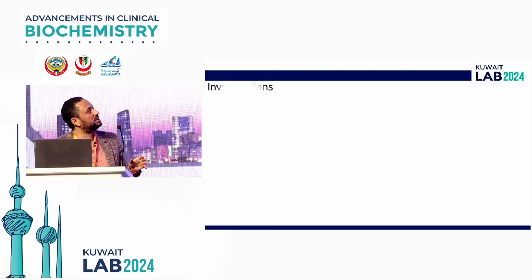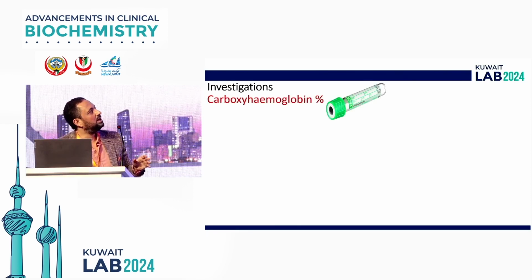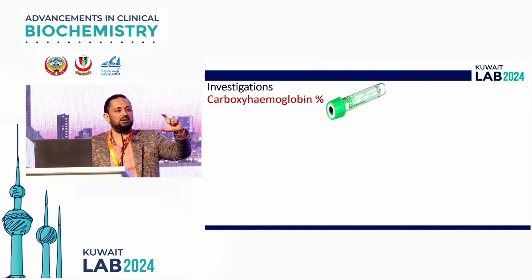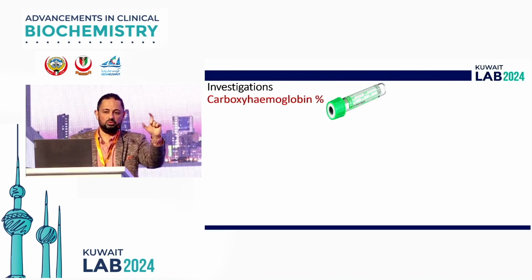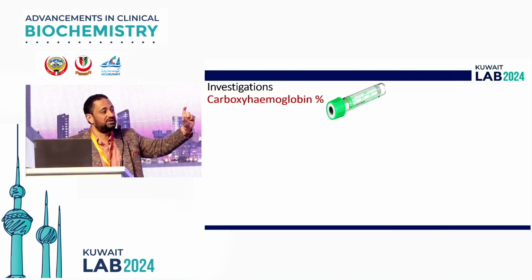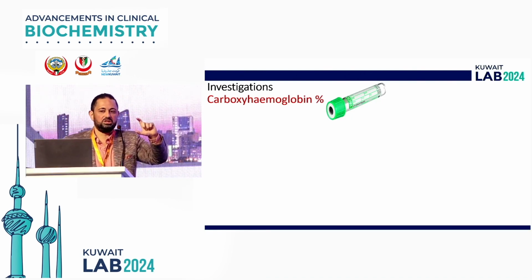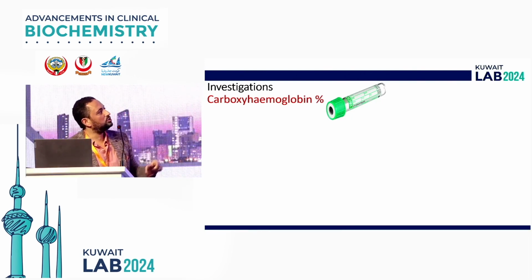What investigations do we need? We need a carboxyhemoglobin level, but it should be on a machine with co-oximetry, not all machines. So when we give the plan, we focus on: please run the sample on a machine with co-oximetry to show the carboxyhemoglobin level.